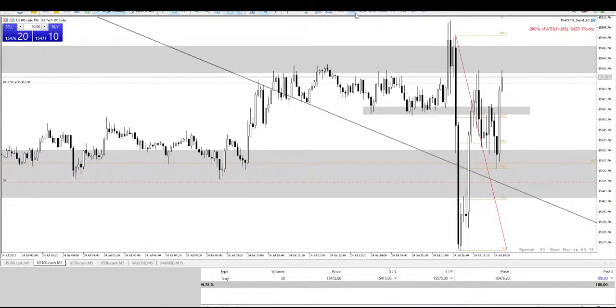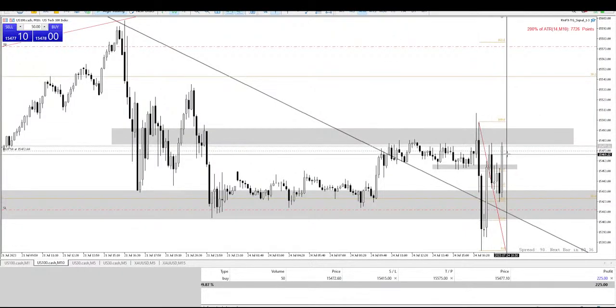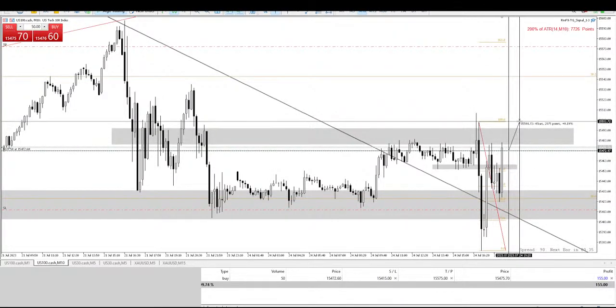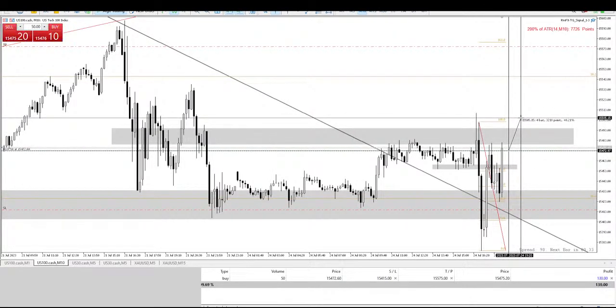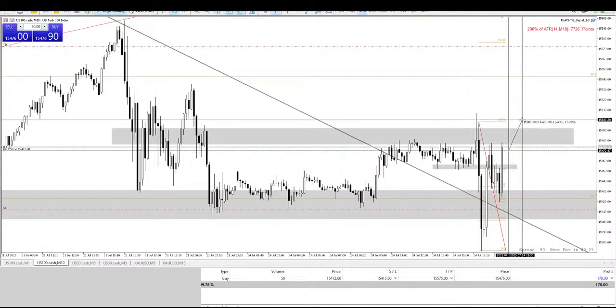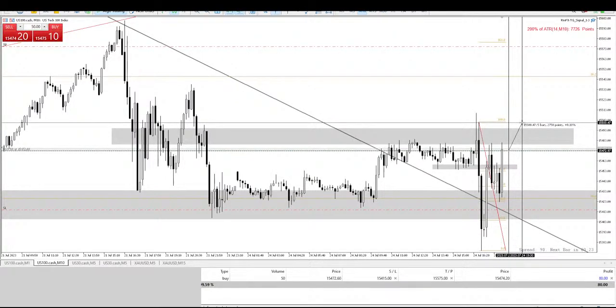Yeah, I am trailing as well. So as soon as price gets to about 15,500, let's break the 15,500 level, then I want to start trailing.